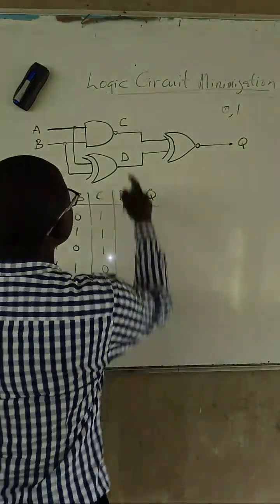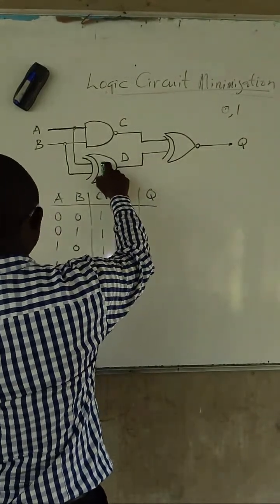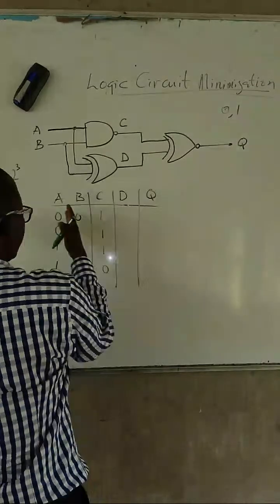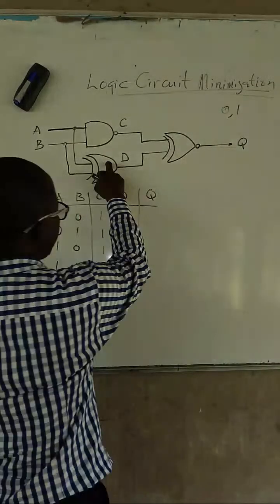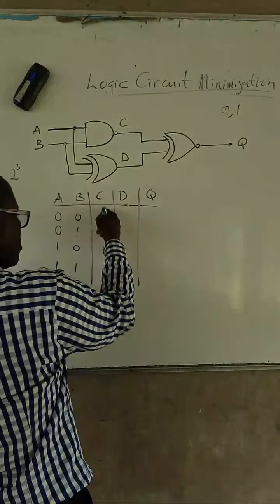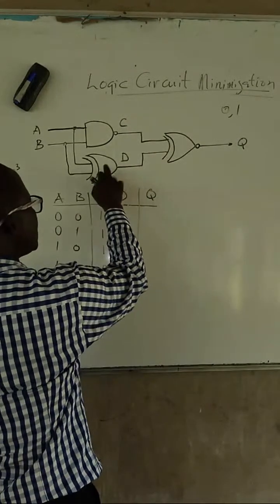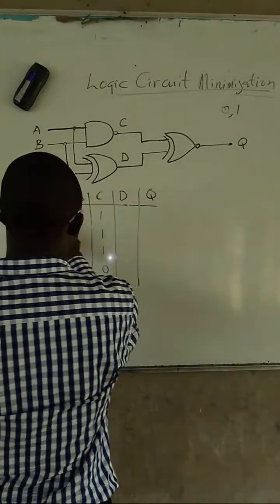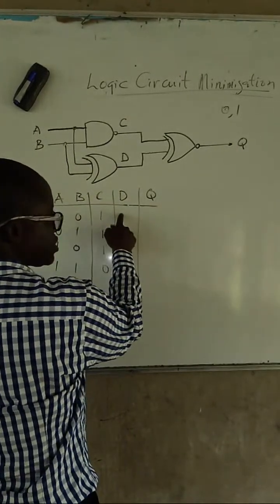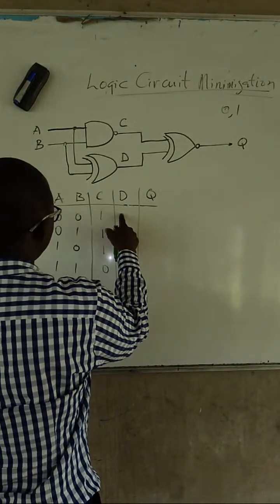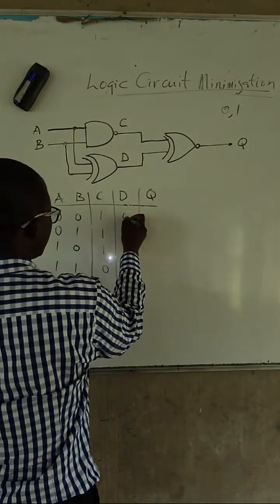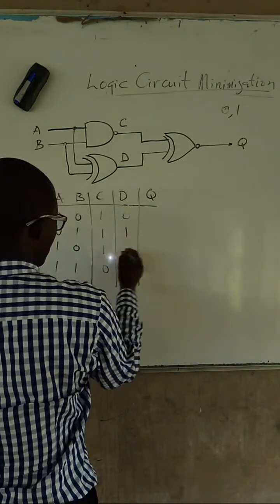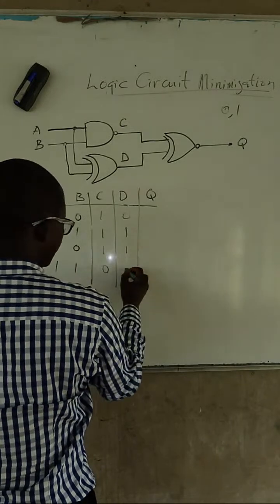All right? Then this is XOR. You look at A and B as input to the XOR and you write the output here. You do not consider C. C is not part of the input to the second gate here. So what we do is look at each line, 0, 0, what is XOR? XOR will be 0, 1, 1, 0.